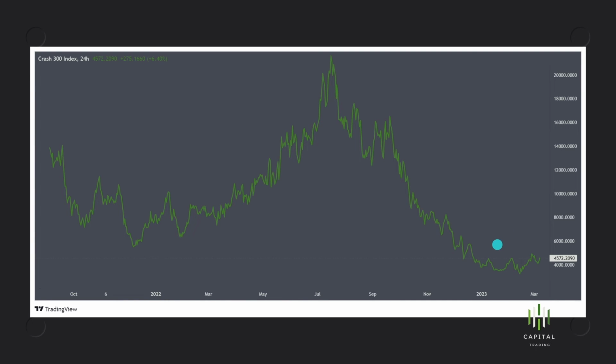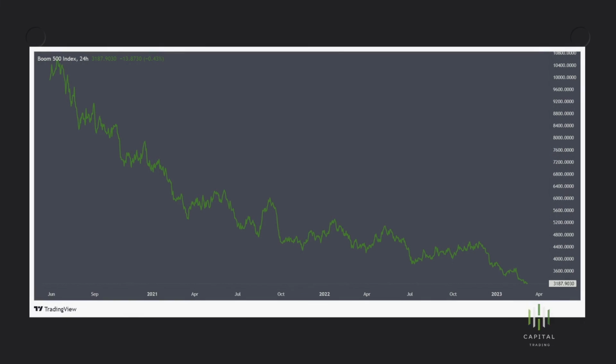So now let's jump into another Boom instrument, which is the Boom index, Boom 500. For Boom 500, from our research, it was formed in July 2020, right? So it's been dropping since July 2020.